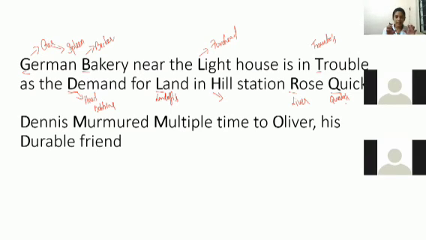The nail bed, you can see the capillary pulsations. So this is about this many signs. Then another mnemonic: Dennis murmured multiple times to Oliver, his durable friend. From here also you can take the first words. Dennis means Dennison sign, that is pulsation of the cervix.